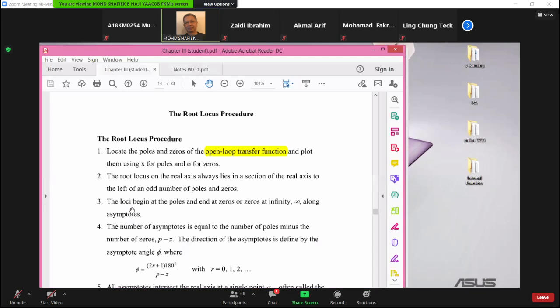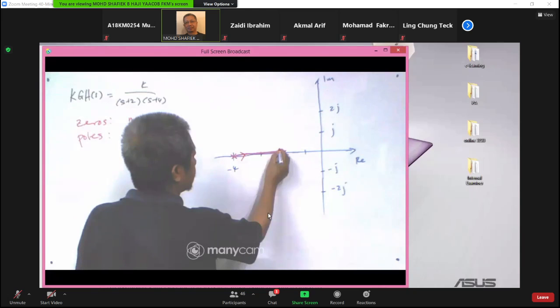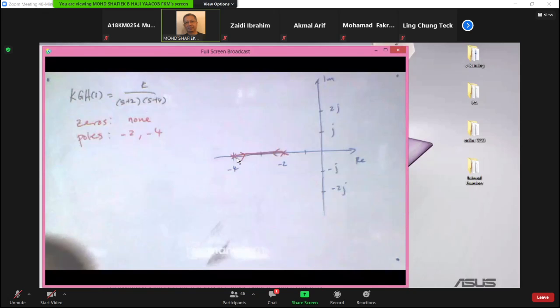The loci begin at the pole and end at zeros. If we don't have zeros, then it's going to end at infinity along asymptote. Meaning that here, the locus starts at the pole at -2 and goes to the left, and another locus starts at -4 and goes to the right.